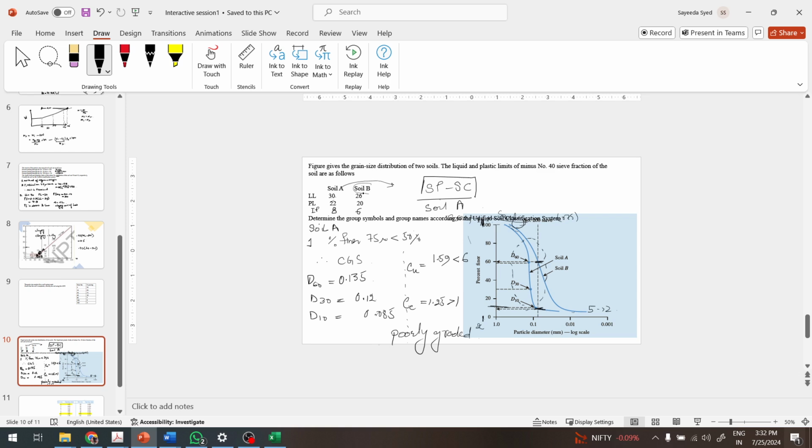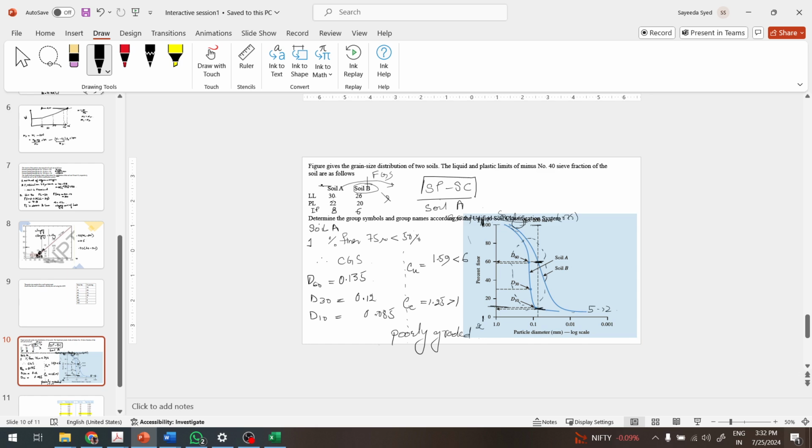And if you go for soil B, we see that basically 60% is passing through the sieve number 200. So this is fine grained soil.